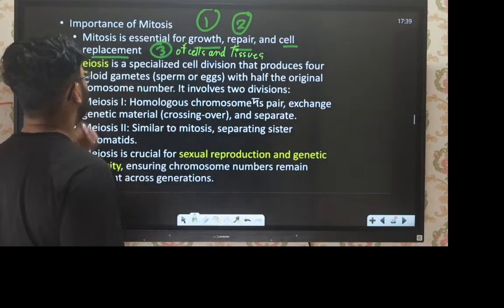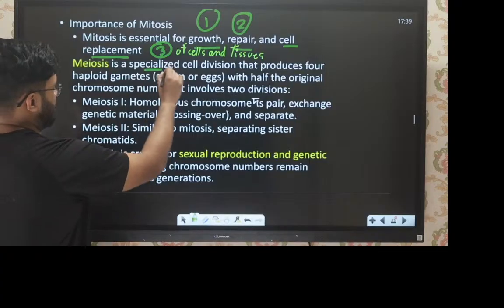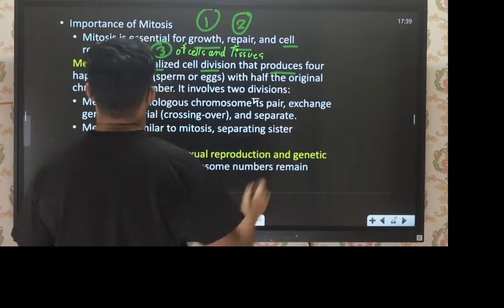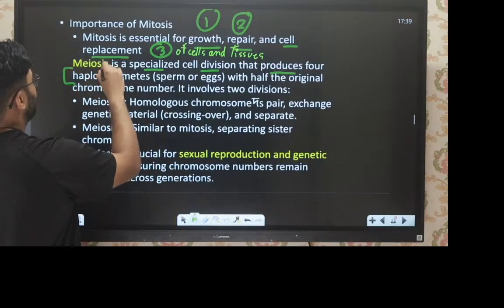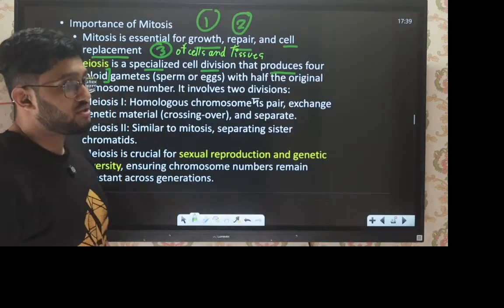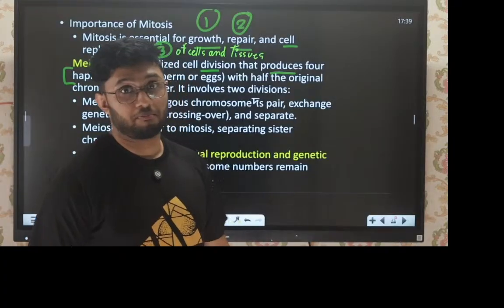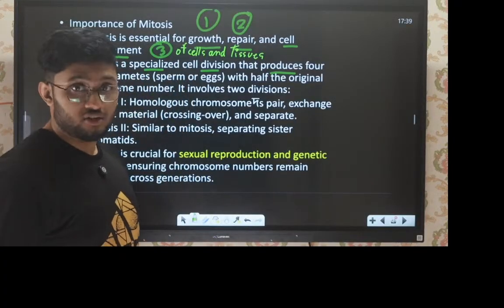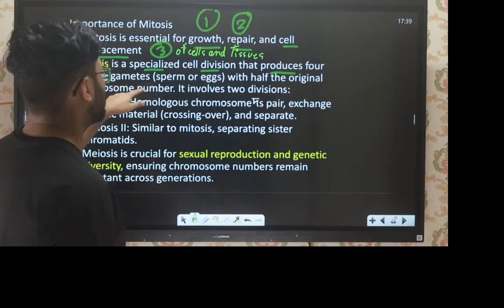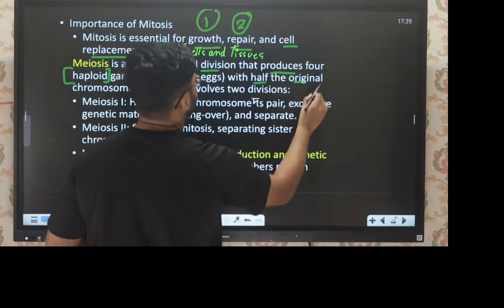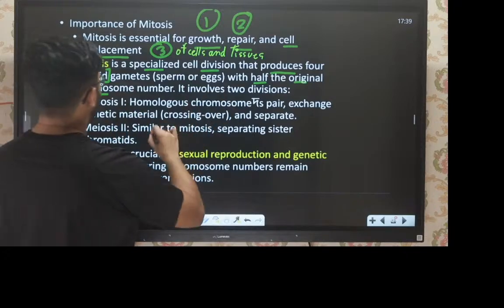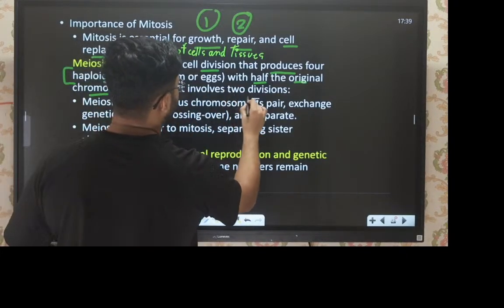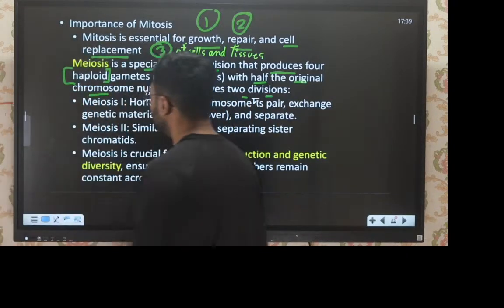Alright, meiosis. What is meiosis? It's a specialized cell division that produces four haploid gametes. Haploid. What's the word haploid? In mitosis, we used to produce what? Diploid. And in meiosis, we produce what? Haploid gametes with half the original chromosome number, and it has two divisions.